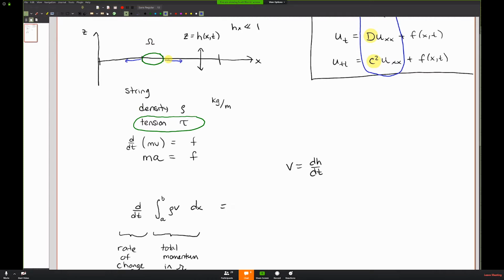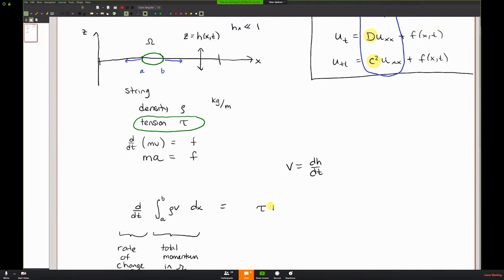The key to figuring this out is to realize that when a string is under tension, it pulls in a direction tangential to itself. So it's not just pulling left and right, it's pulling tangential to the string. Let me call this point A and this point B. What we're really going to need here is a force that has strength tau, and let's assume that it's constant tension tau.